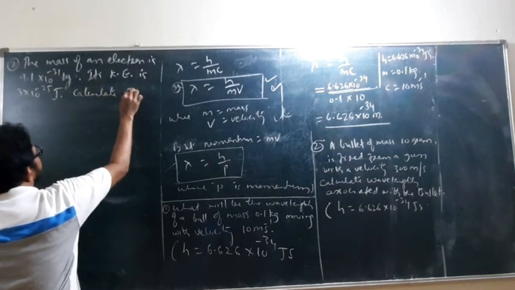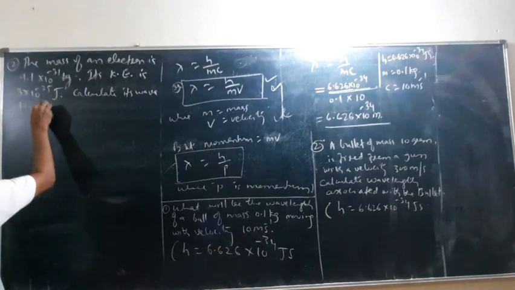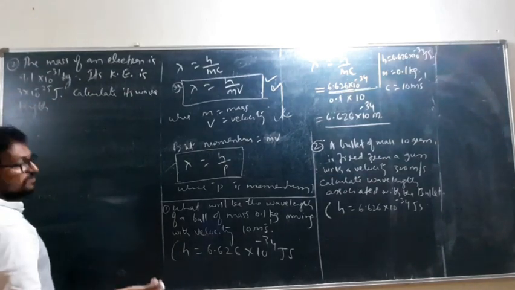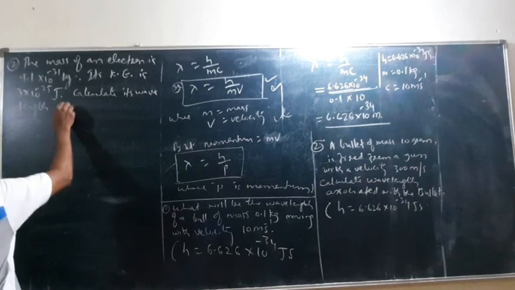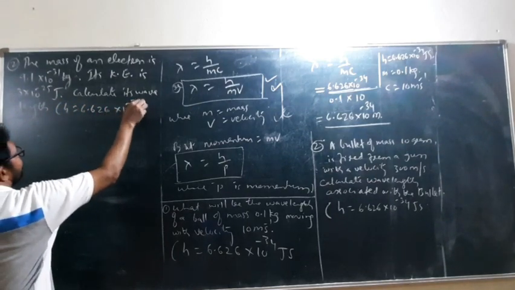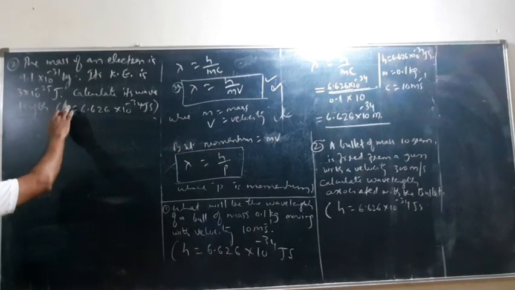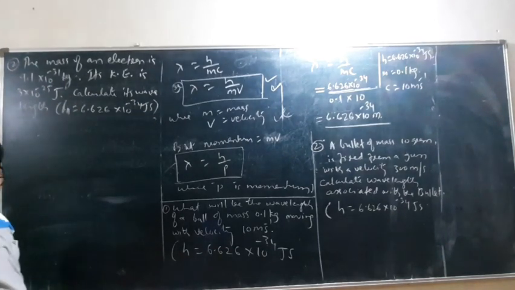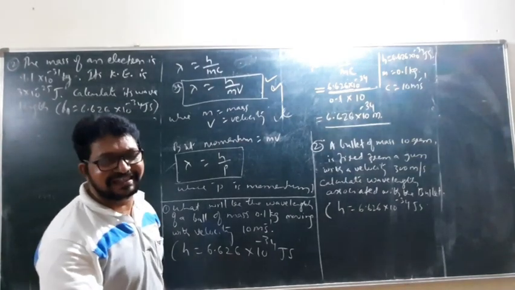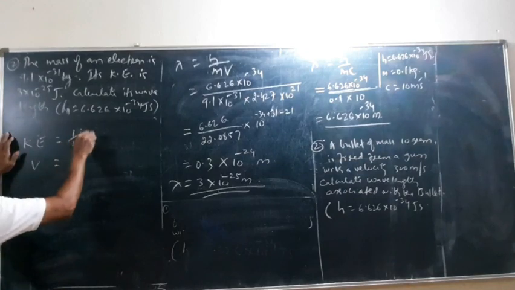So mass and wavelength we are relating. h equal to 6.626 into 10 raised to minus 34 joules into second, Planck's constant. How to find velocity from kinetic energy? Kinetic energy is half mv square.